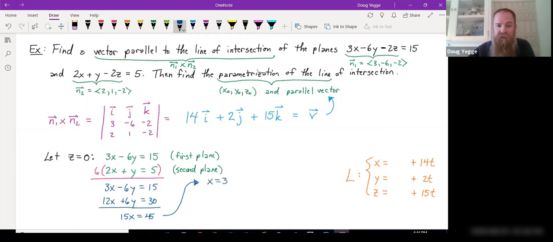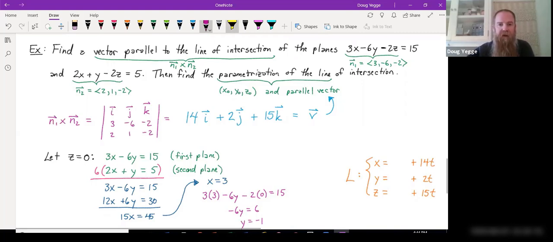And if my x coordinate is 3 and my z coordinate is 0, I could plug those into any one of the equations I want. I might as well plug it into the first equation, which gives me 3x minus 6y minus 2z, which remember we set equal to 0, is equal to 15. So if I subtract, we get negative 6y is equal to 6, and therefore y is negative 1.